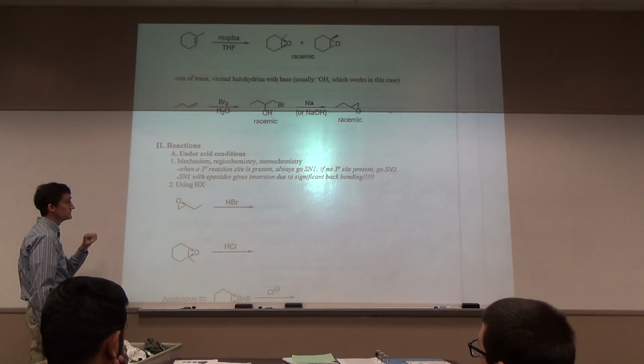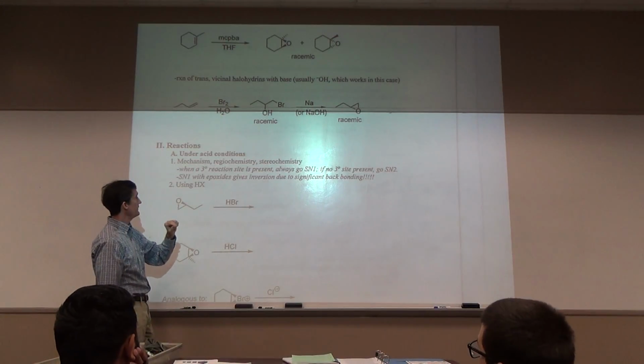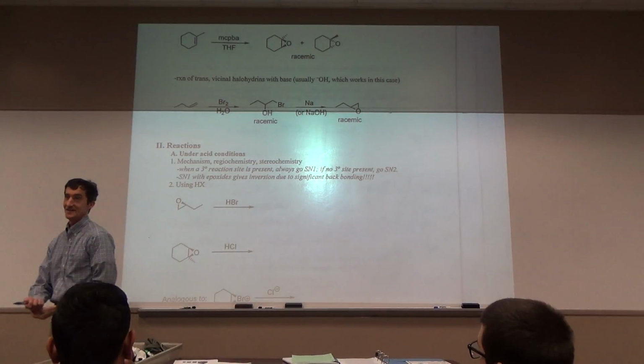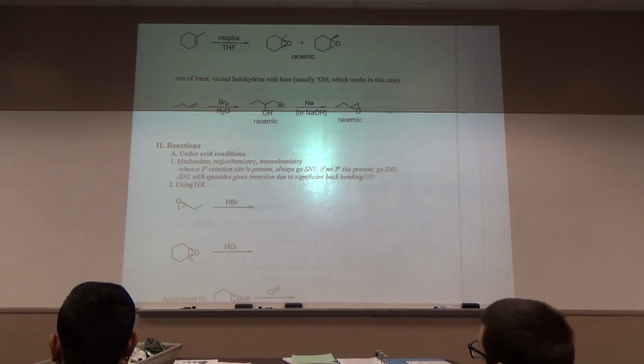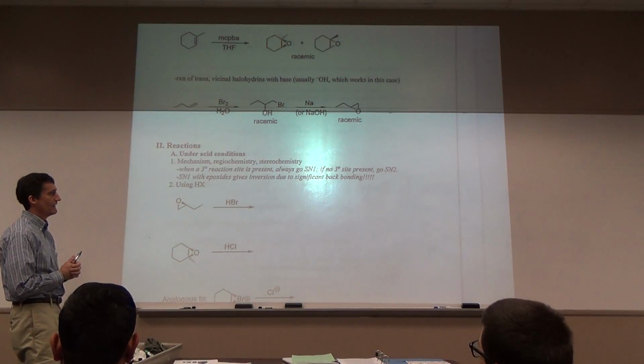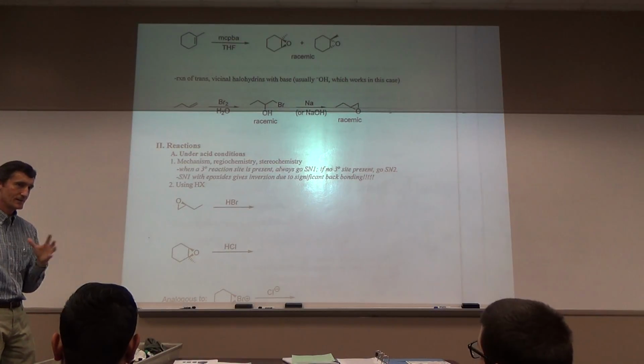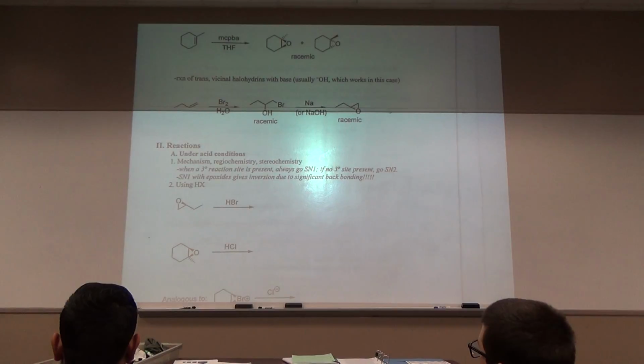The one thing new we'll have here is that SN1 with epoxides gives inversion. That is only for epoxides. It's because of the small size of the ring. Okay, but that's new. It also sounds odd, doesn't it?